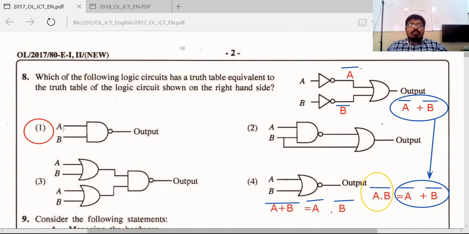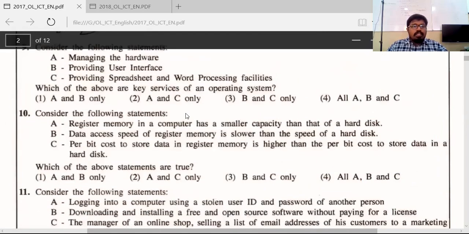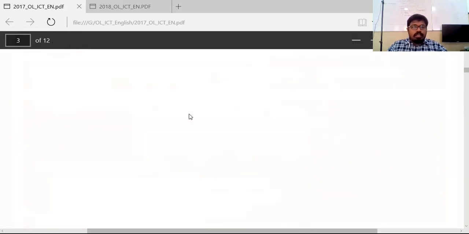So that's the end of question number 8 of 2017 paper part 1, right? In 2017, I don't think so.